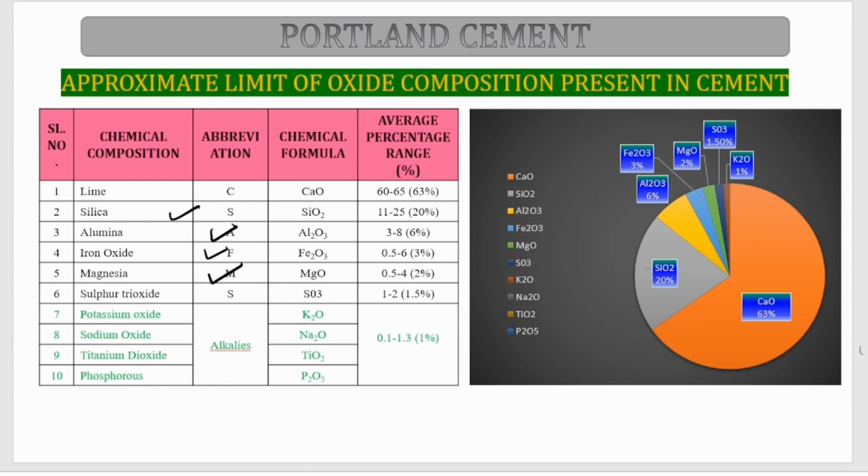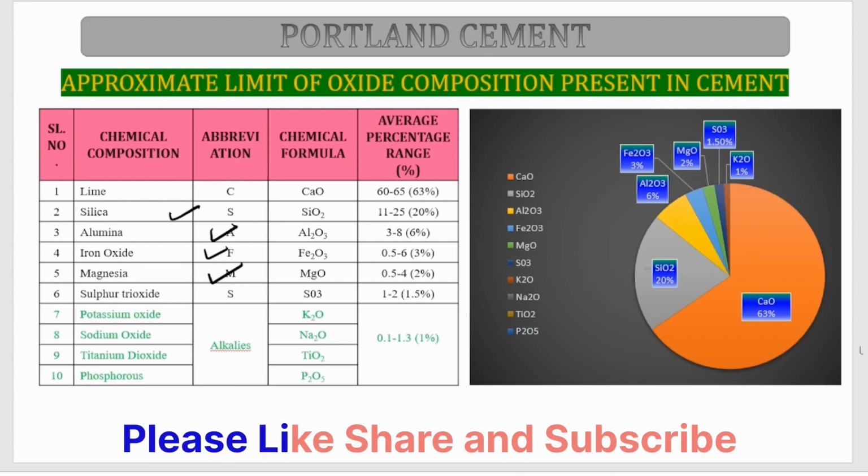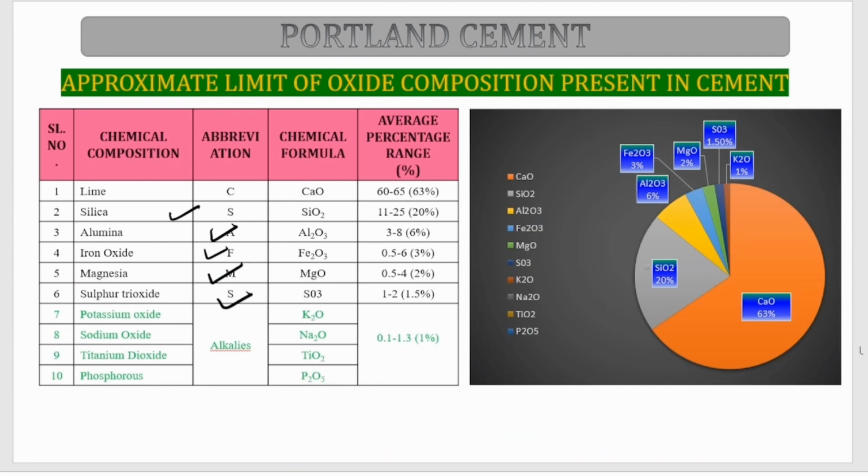Next is MgO. It provides hardness and also color to the cement. If it is present in excess quantity, it causes cracks in the mortar and produces an unsound cement. Then SO3, it imparts soundness to the cement.